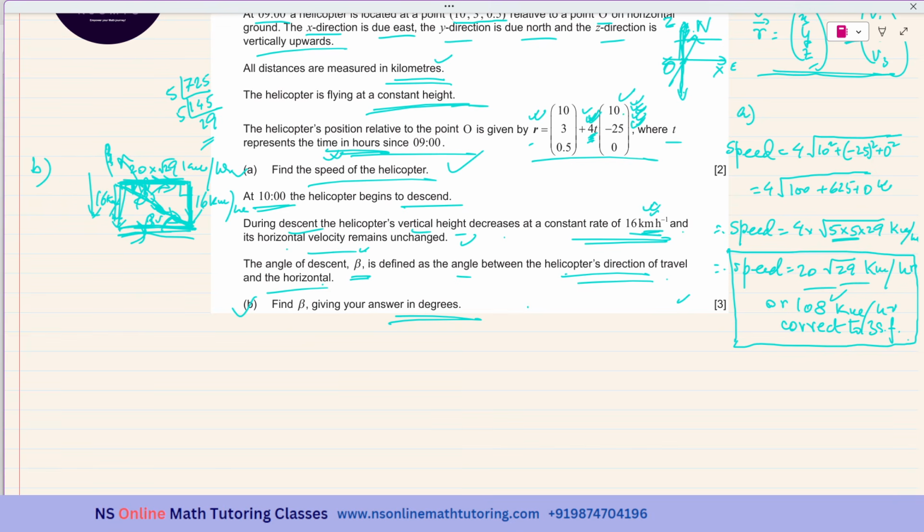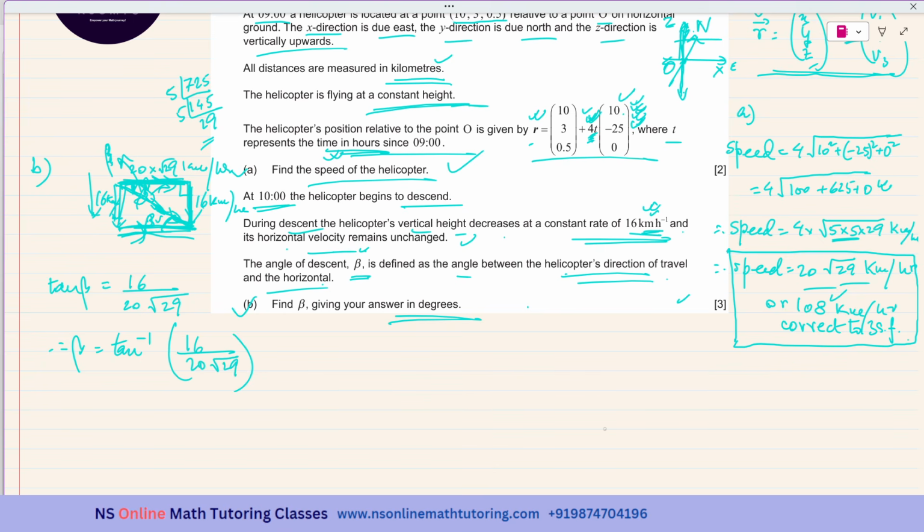This will be explaining your working, why you are taking this equation. So tan beta should be equal to 16 over 20 square root of 29, and beta will be equal to tan inverse of 16 over 20 square root of 29.